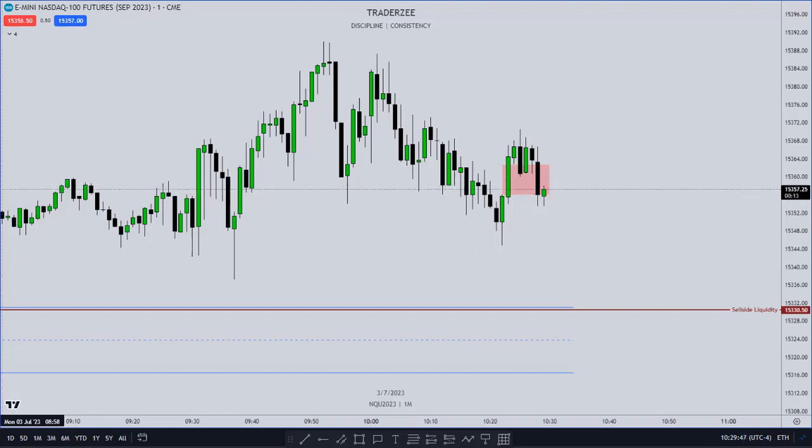I think the mitigation blocks that I outlined on dollar and the 15-minute fair value gap that is next may push equities lower, below for sell side.